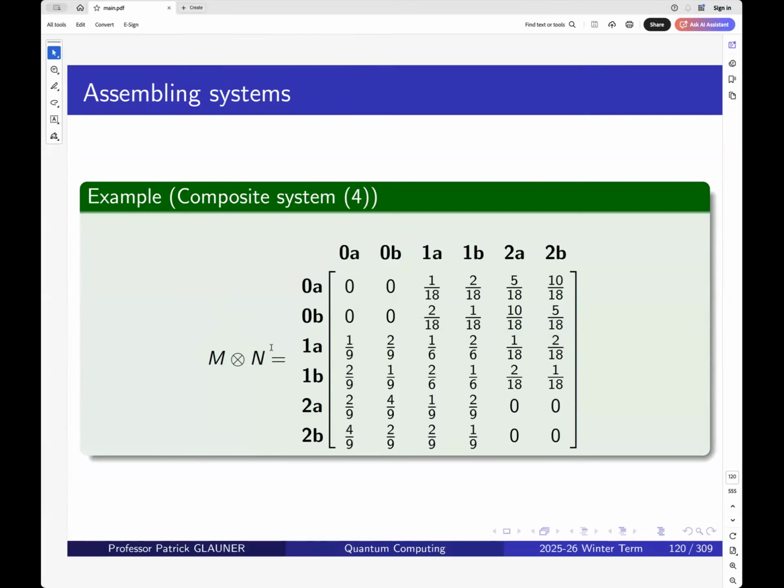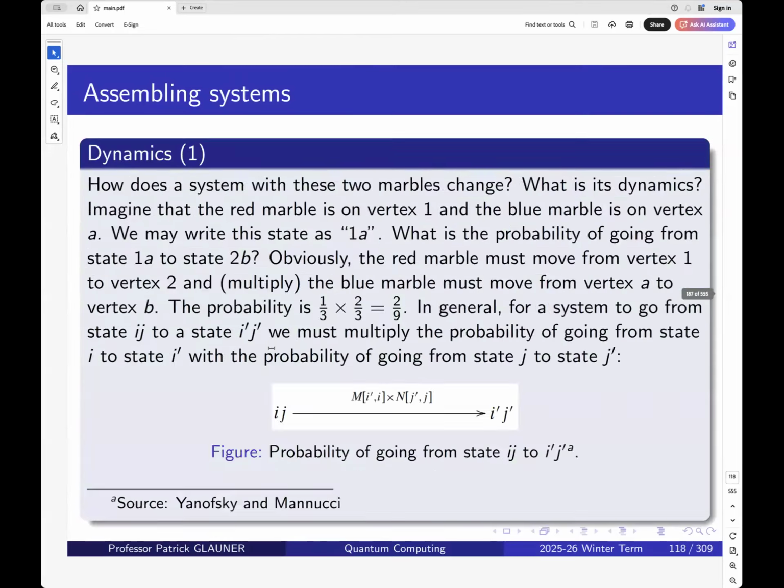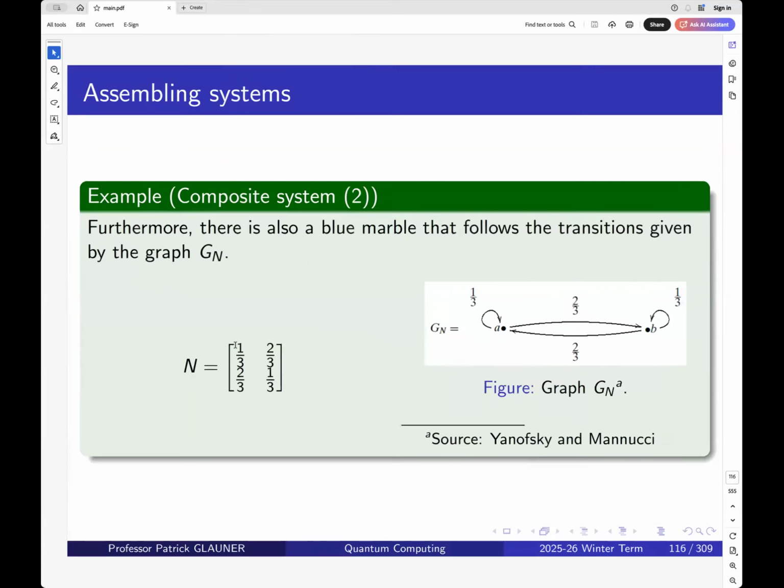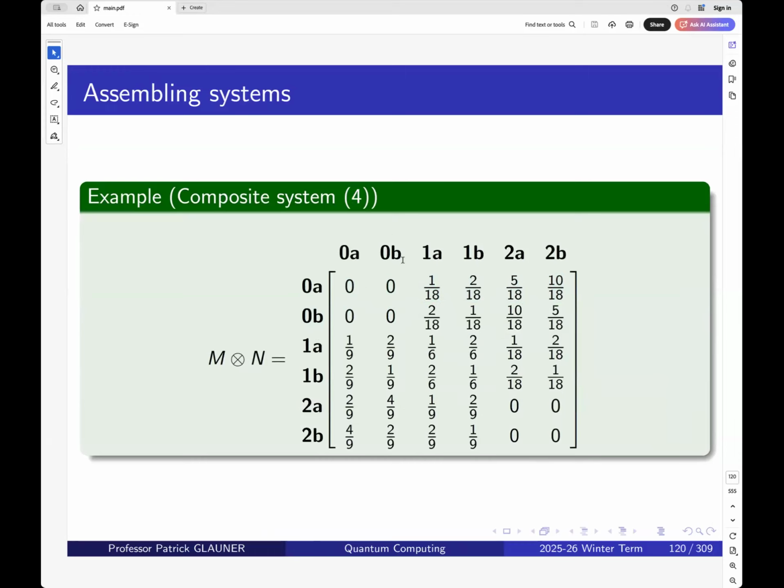And the tensor product is fairly easy. We've seen this. So we have M here, which is a 0, and we have N here, which is 4 entries, 2 times 2. So the first 4 entries in the upper left will be just 0 because I multiply 0 with that matrix. And I just continue this with the other entries.